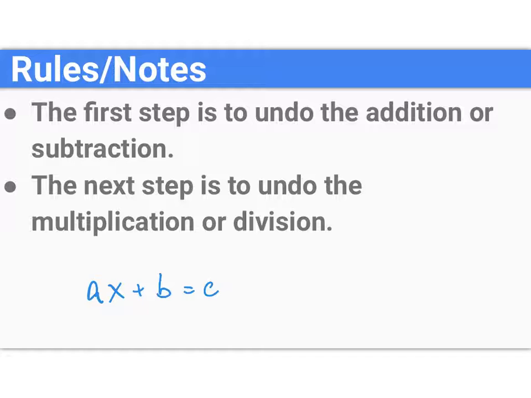Basically, the way this works is we know order of operations as PEMDAS or GEMDAS or whatever. The order of operations is actually this: parentheses, exponents, multiplication and division are equal and opposite, and so are addition and subtraction. So this is the regular order of operations.